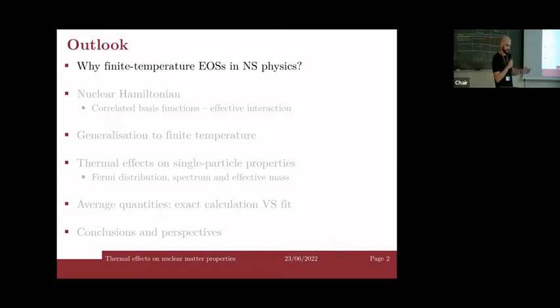Then I'm going to talk about some of the results, going from the micro quantities, such as the single particle energies, the Fermi distributions, and the effective masses, to the macro quantities, such as the free energy, internal energy, entropy, etc., and also symmetry energy and other related quantities.